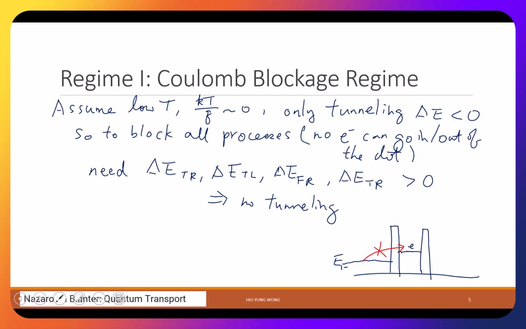But then I see you're almost implying that you don't need a barrier. Again, do not confuse this with the spin qubit plunger gate or barrier gate. That is a way for you to transfer one electron from one well to another well. But here we're talking about a single electron transistor, where we have a barrier there.